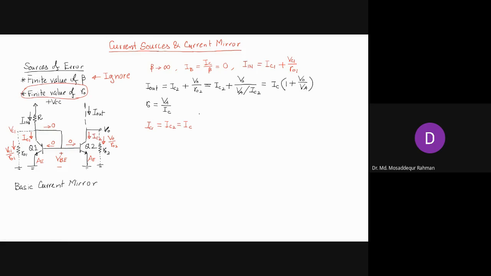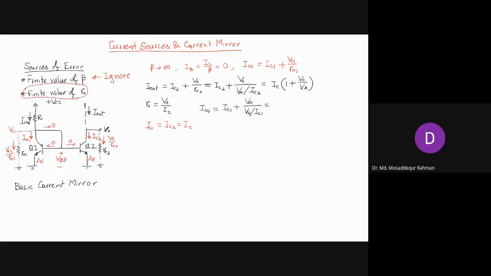Now this is how we can express the I out. Similarly for I in, we have IC1 plus VC1 divided by VA. Now R naught 1, since the collector current is IC1, is VA by IC1.